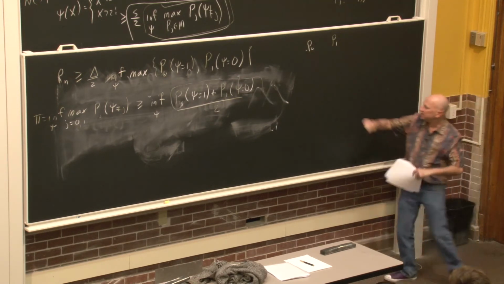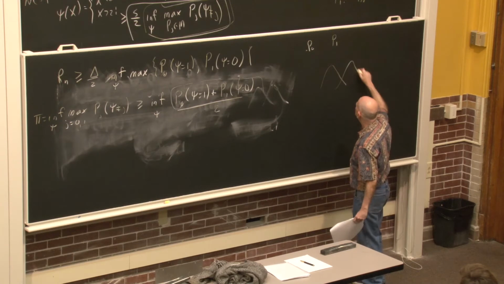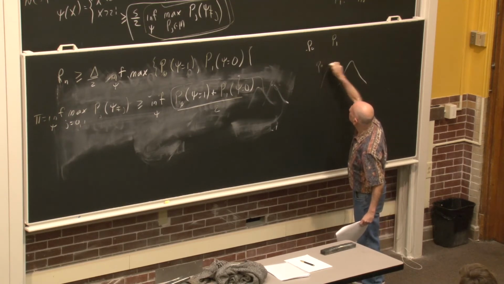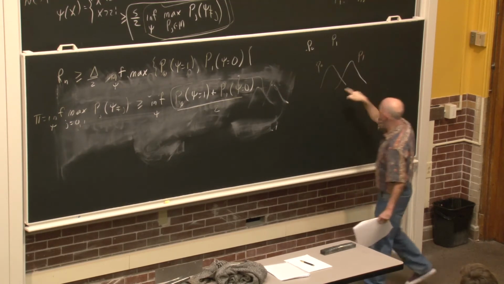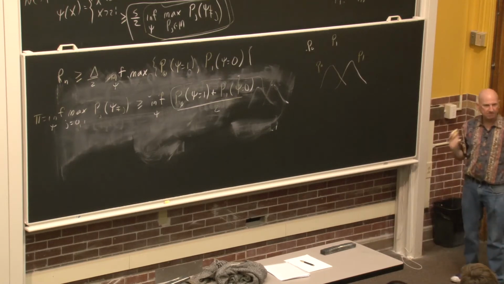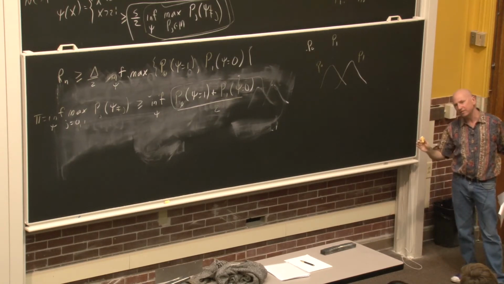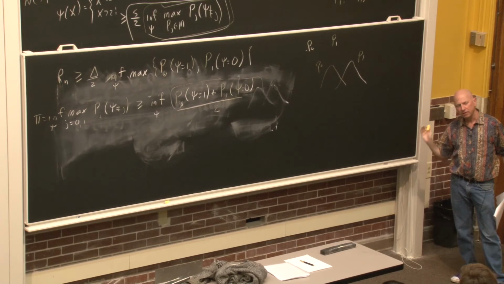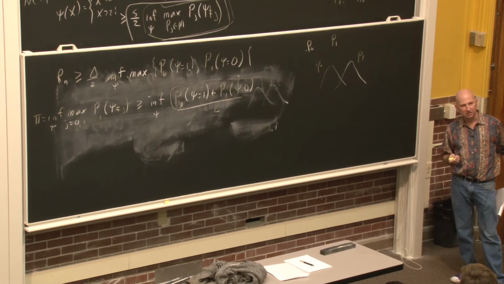I give you two densities, and I draw an observation, and I say, which one generated that? And I'm going to sum up your type 1 and type 2 error, the probability of guessing wrong under either one. Which selection rule do you think minimizes the sum of the error probabilities? Something like the Neyman Pearson test, right?